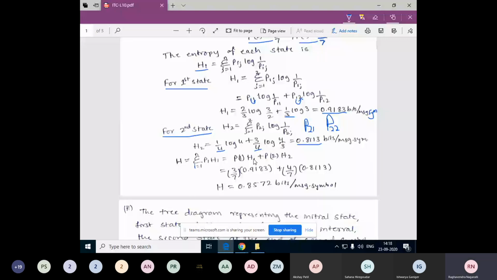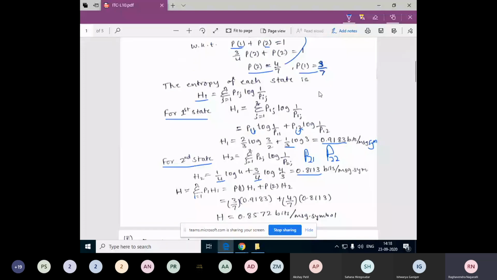P1, we just calculated as 3 by 7. H1 is 0.9183. And P2 is 4 by 7 into H2. H2 is just now calculated, we got 0.8113. So after the calculation, we get H is equal to 0.8572 bits per message symbol.